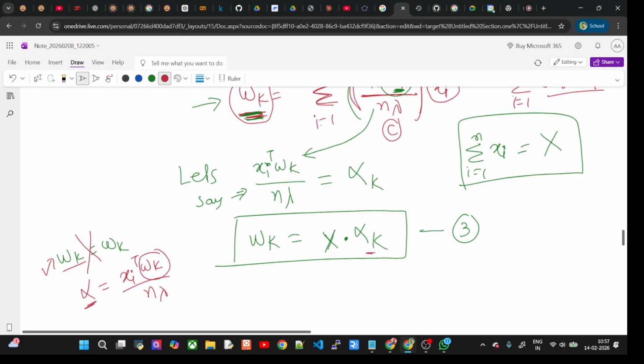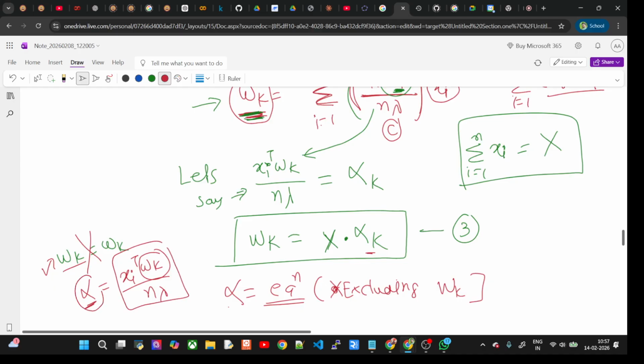So you have to calculate alpha using some equation which does not have wk included. I need to find this alpha k value, which does not have wk at all in it.